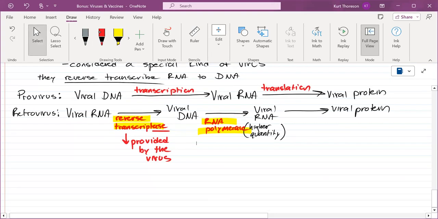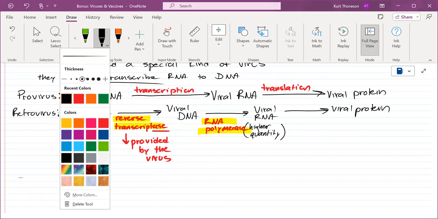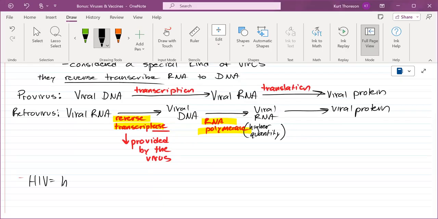All right. HIV is the human immunodeficiency virus.